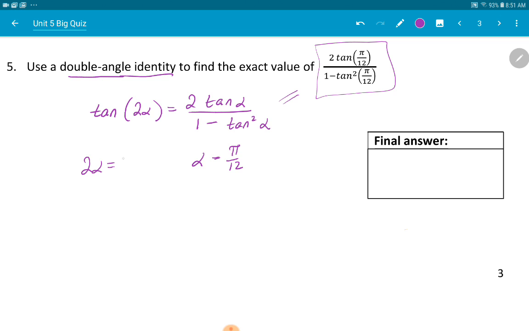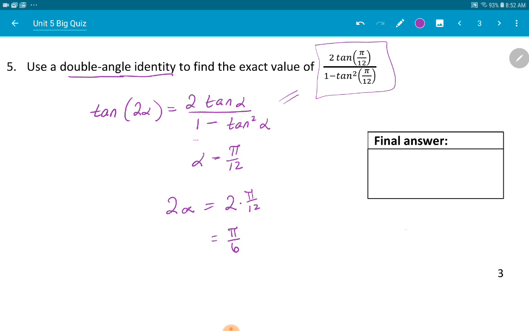Actually, I'm going to write it down here. So 2 alpha equals 2 times pi over 12, which gives me 2 pi over 12, or pi over 6.